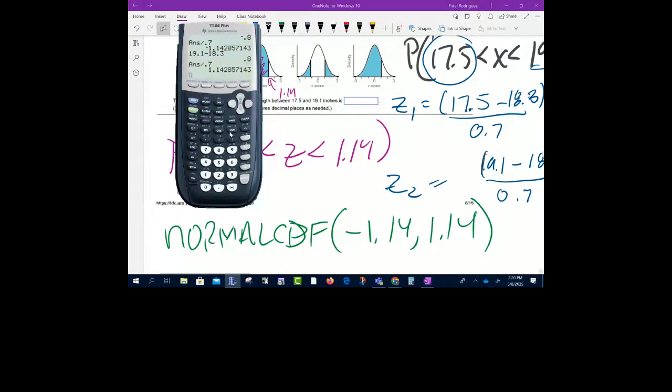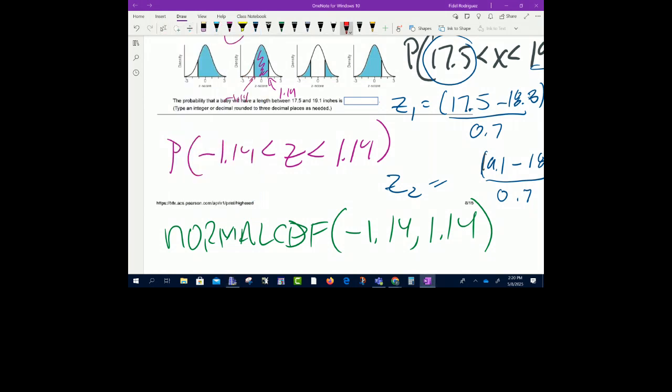All right, so let's go right here. Second VARS, number 2, negative 1.14, comma, 1.14. Okay, and we hit equals. And again, y'all, if I'm going to 3 decimal places, I'm coming up with about 0.746. Boom. And we got it.